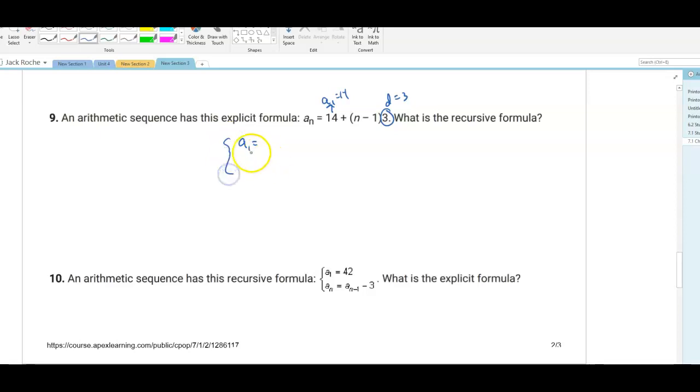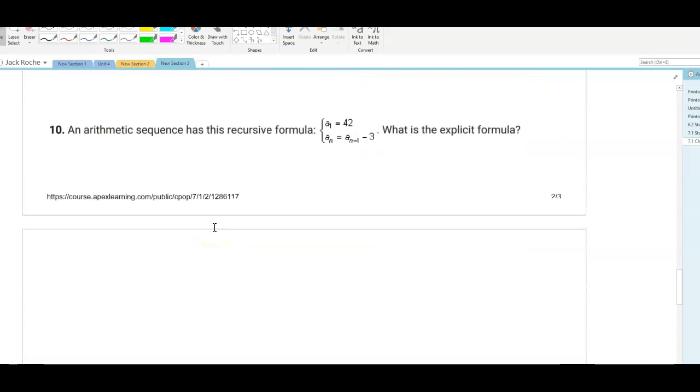So remember, we have to have 2 expressions here. My first term is 14, so that's the first part of my recursive formula. Then we say a sub n is equal to my previous term, a sub n minus 1. What am I doing each time? I'm adding 3, so it would be this. And this would be your recursive rule.